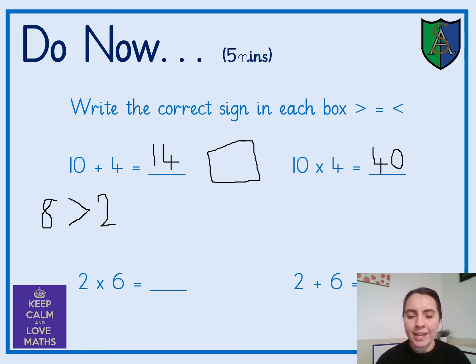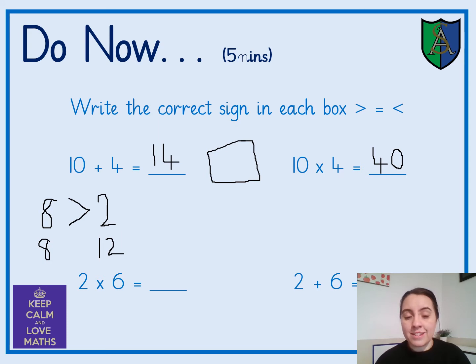So let's have a look at the top. If it was the smaller number, so for example, if we had the number 8 here and the number 12 there, not the number 2, then we know that 8 is smaller than 12, so it's less than 12.